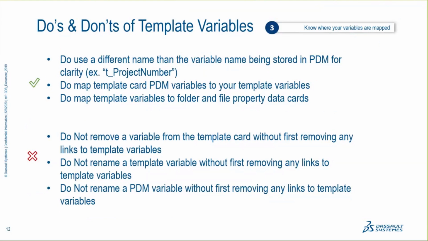Do make sure to map them from your input card to a template variable, and then from a template variable to a folder or file property data card if you are going to use it on them. Do not remove or rename your variables without first removing any of those links. Otherwise, it will break your template and it will stop working for the end user.